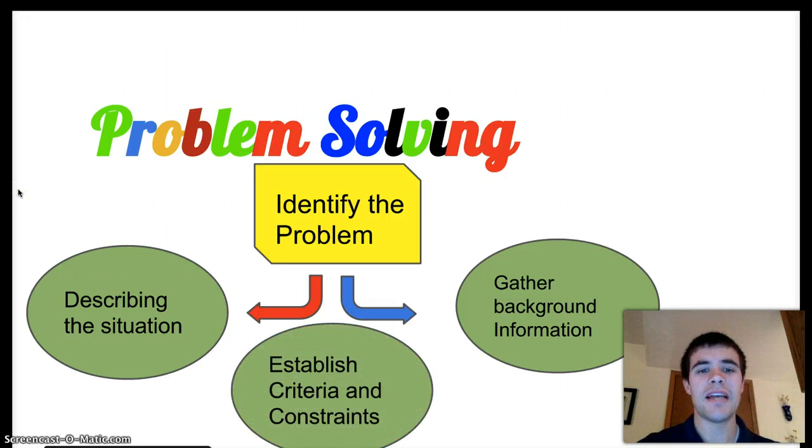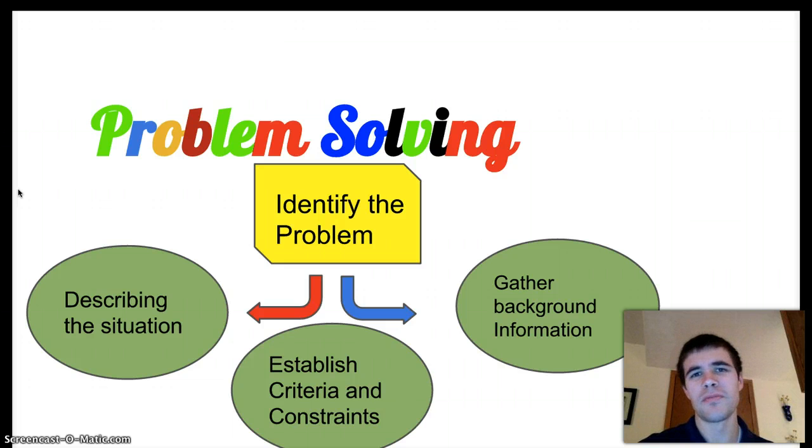And then establishing criteria and constraints. We have to recognize that there's certain rules and regulations that we have to follow. Say, if I'm going to block the road to get a crane to take my car out of the tree, then I'm going to have to call the police or the city or someone to know what the rules are to block the road.